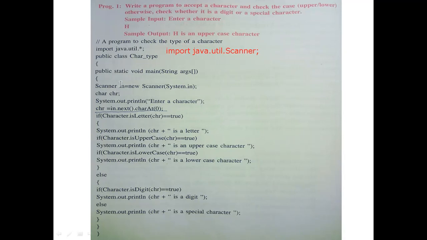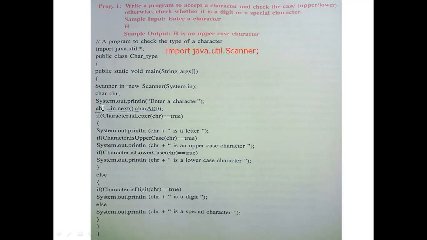But remember what name we have given for the Scanner object. Then see, I want to accept the character, right? So char chr. A variable is declared. Then the message Enter a character is given.